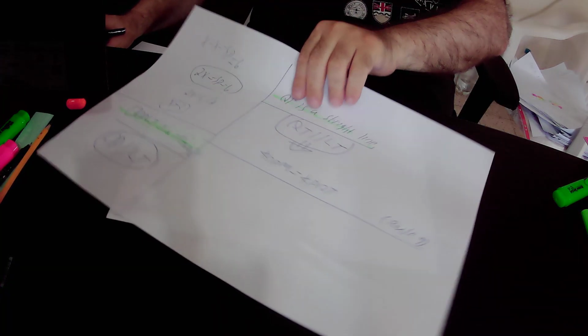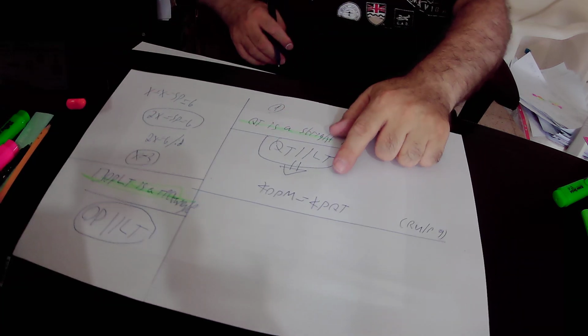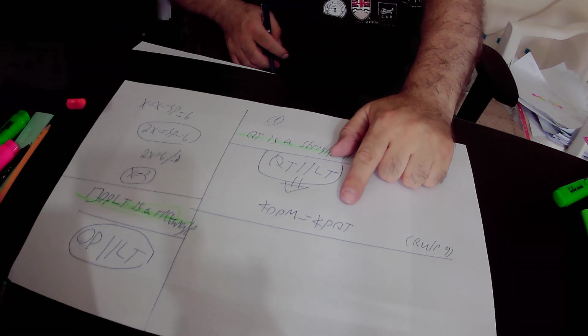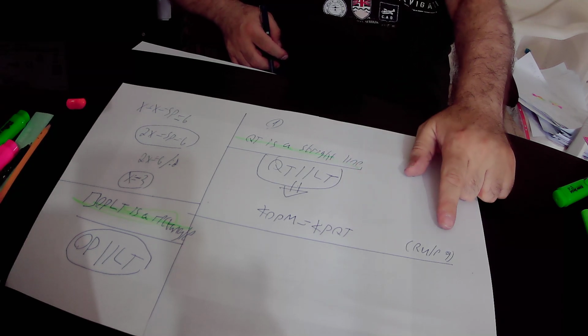I'll repeat again. Angle OPM is equal to angle PQT according to rule number 9.